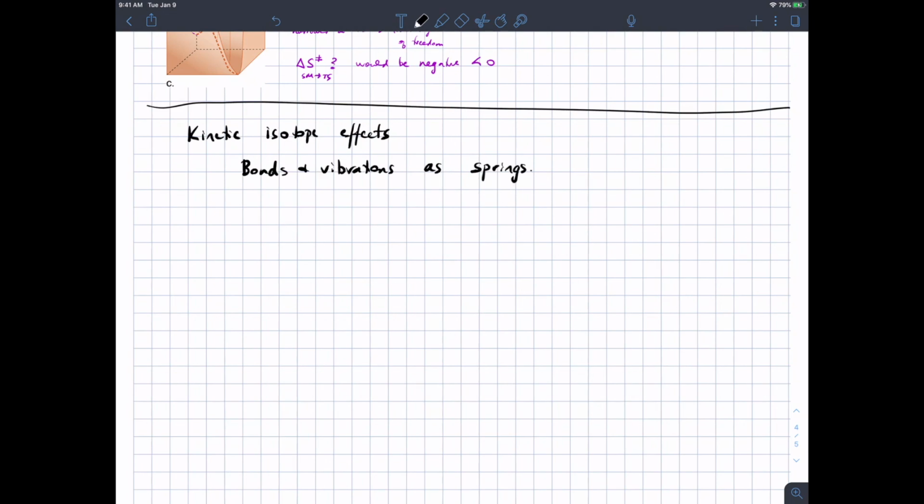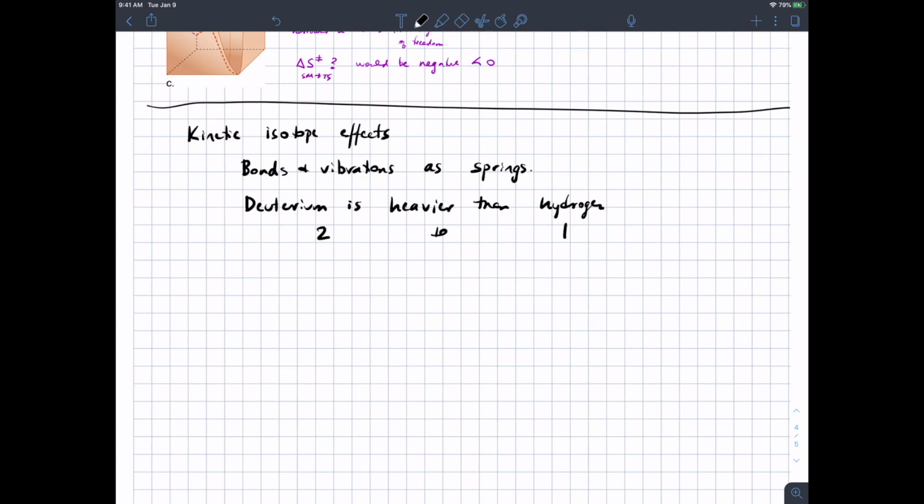And we're going to remind ourselves that deuterium is heavier than hydrogen by a factor of 2, right? It's sort of 2 to 1 in mass. Because, of course, deuterium has an extra neutron, whereas the hydrogen has none.